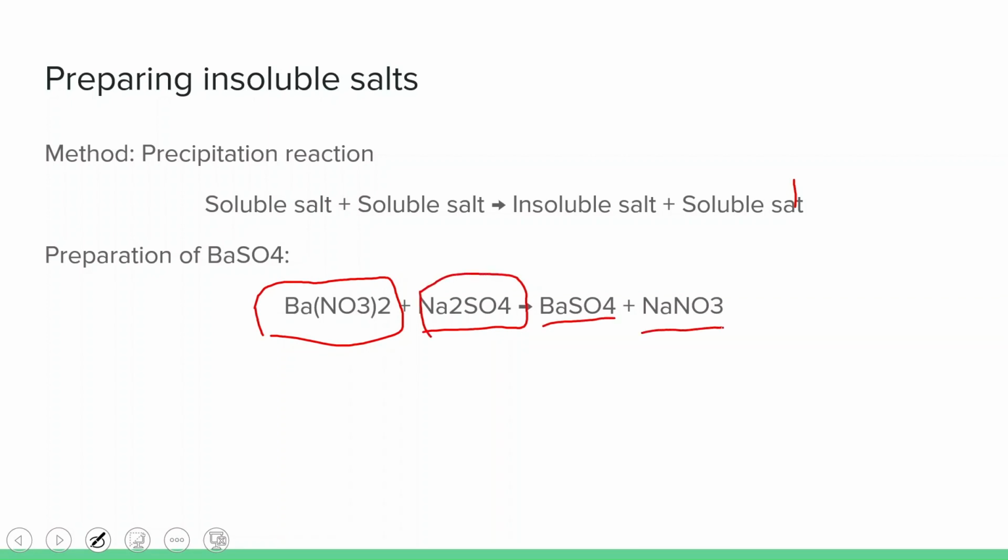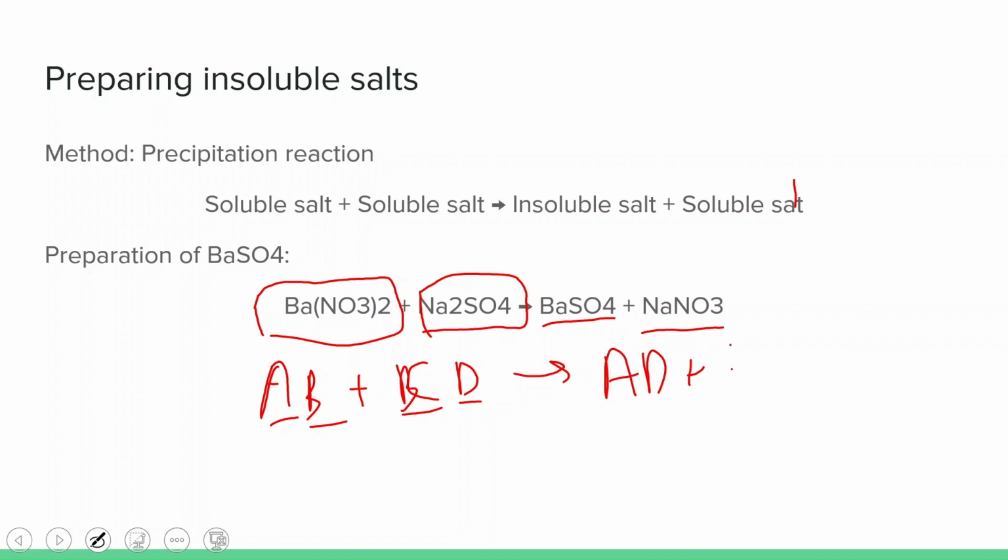This is nothing but a double displacement reaction, in which if you have something like AB plus CD, that will give us AD and CB. If you look at this, barium is A, it is with D, so AD, and sodium with the other part. So that's the general reaction.